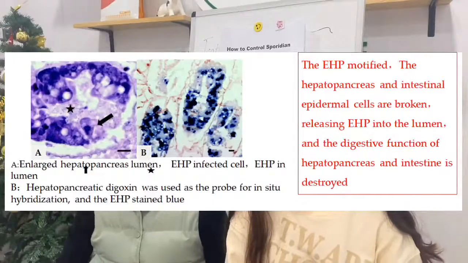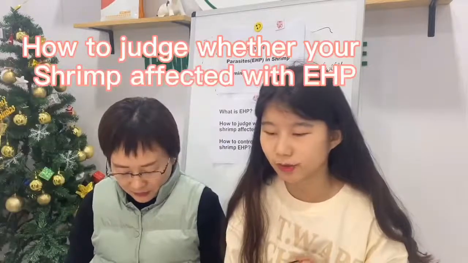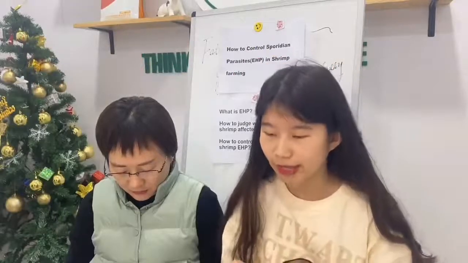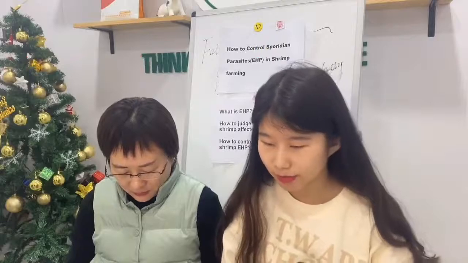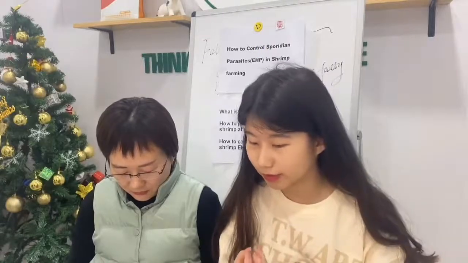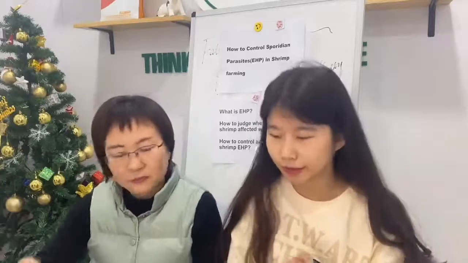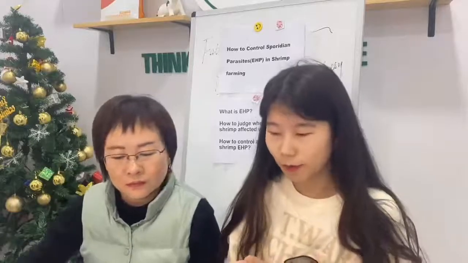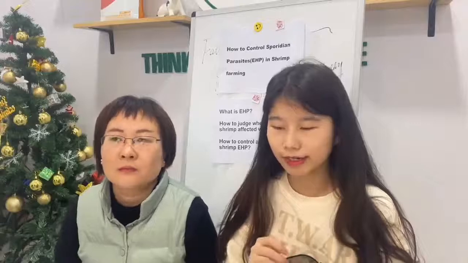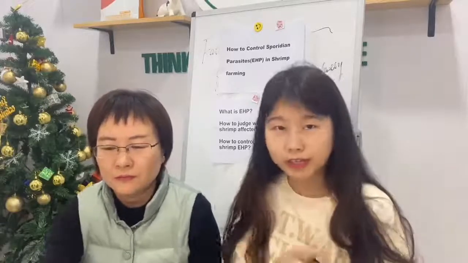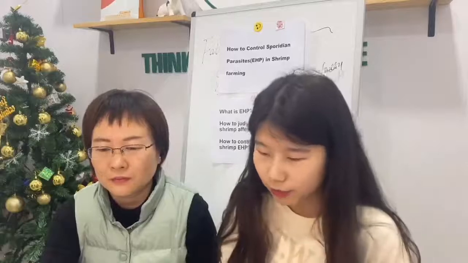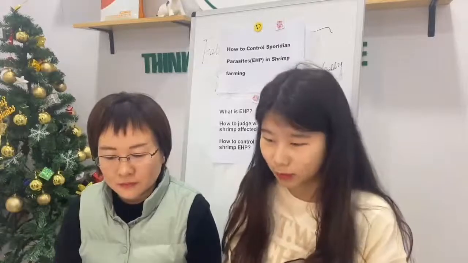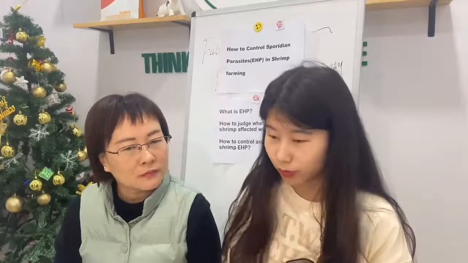How to judge whether your shrimp are affected with EHP? The incubation period of EHP is very long, and shrimp seed with EHP will not die obviously in the initial stage; the shrimp seed is basically normal. But after about 30 to 40 days, individual growth differences gradually appear, and the infected shrimp grow slowly or even not at all.